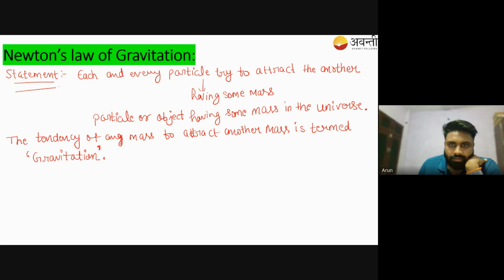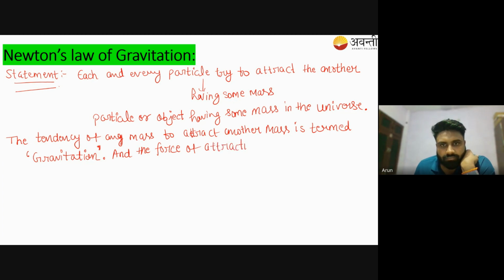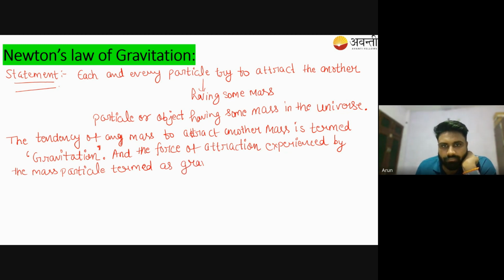And the force of attraction experienced by the mass particles is termed as what? Gravitational force, the gravitational force of attraction.